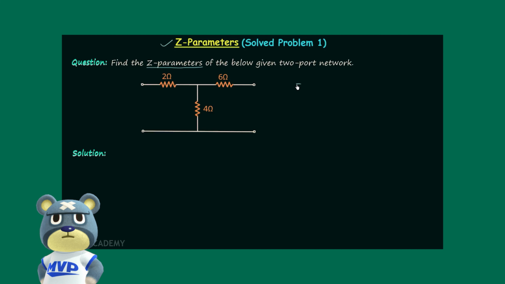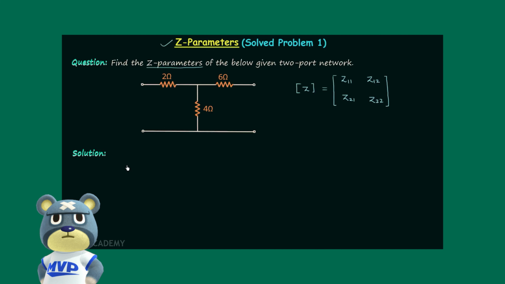This means we need to find the Z parameter matrix, which is a 2 by 2 matrix having the elements Z11, Z12, Z21 and Z22. So we need to find the 4 elements of the Z parameter matrix, and there are 2 steps required to calculate the Z parameters.